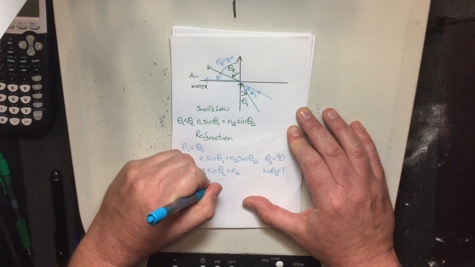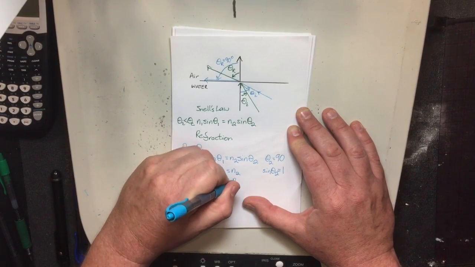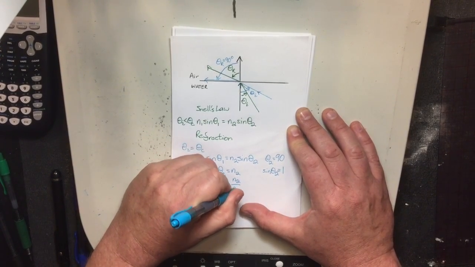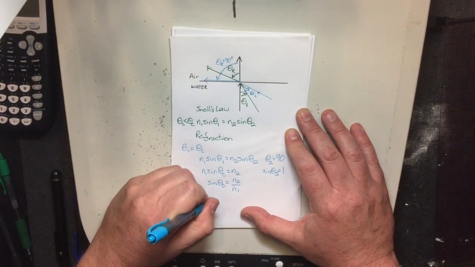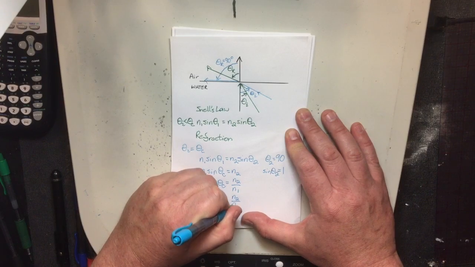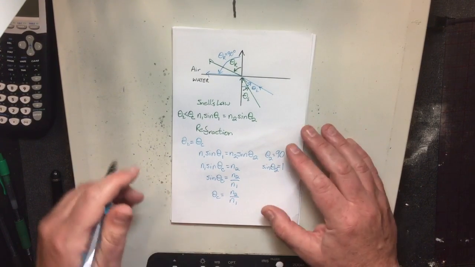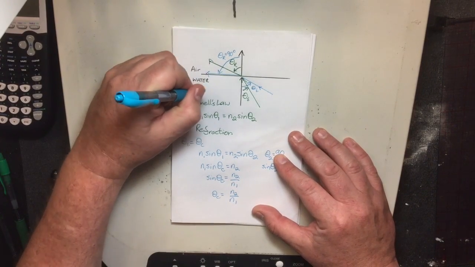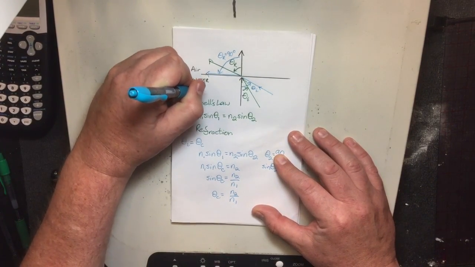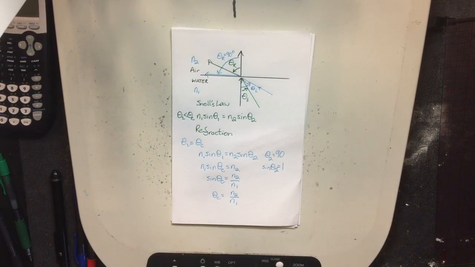So sine theta c is equal to N2 divided by N1. And in this particular case, water is my N1 material, air is my N2 material.